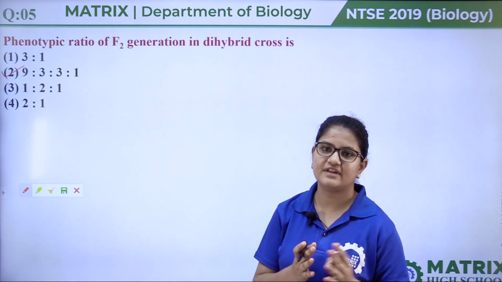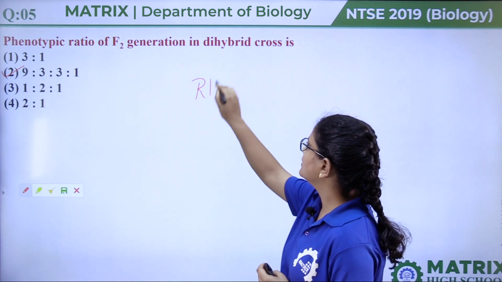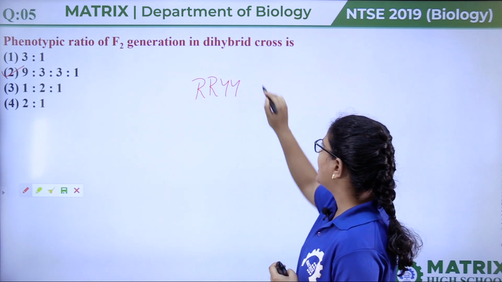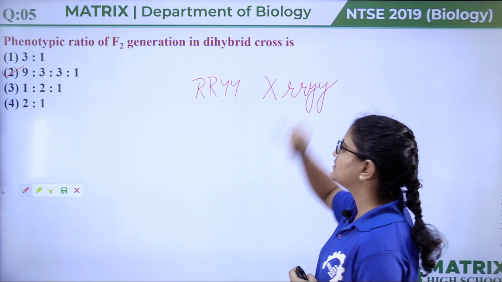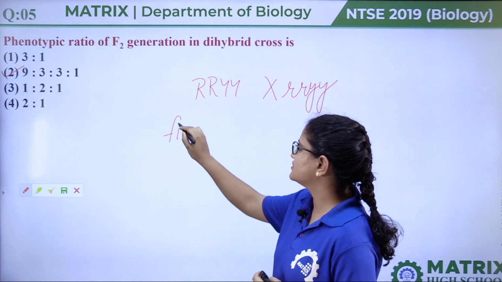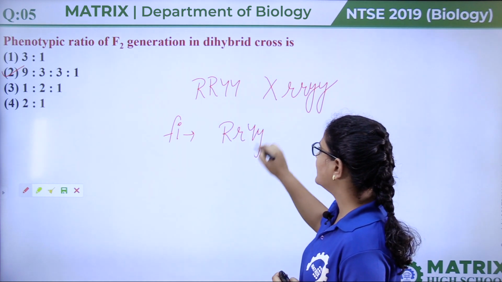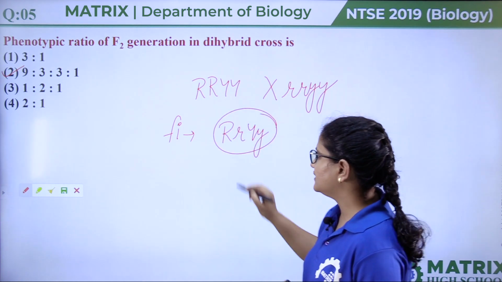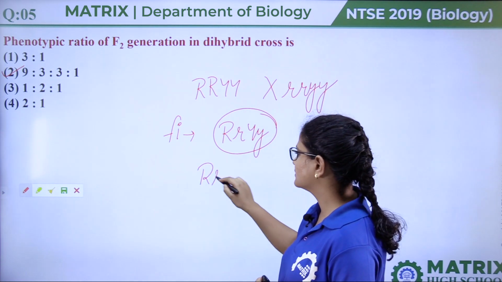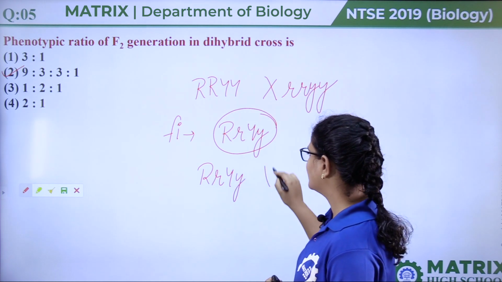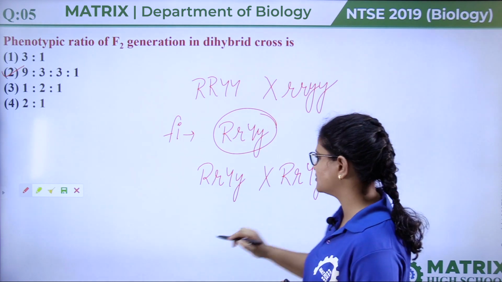For example, we have taken round and yellow plant and we have crossed it with wrinkled and green plant. In F1 generation, we will obtain round and yellow plant. But for F2 generation, we will have to cross this plant with this, means we will have to do self-pollination.